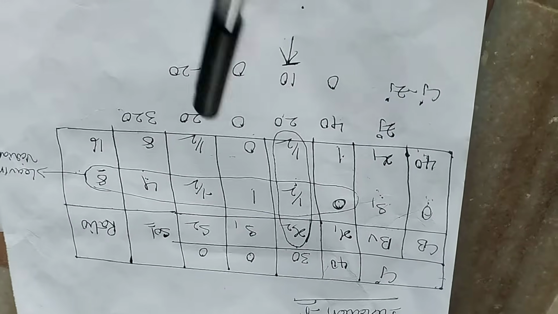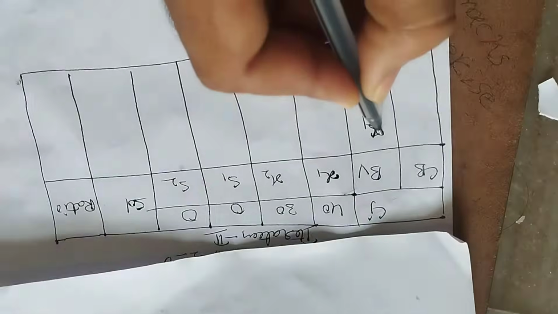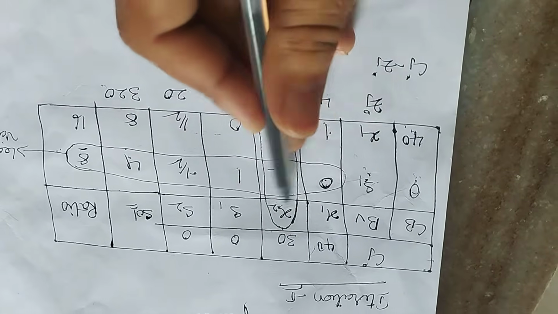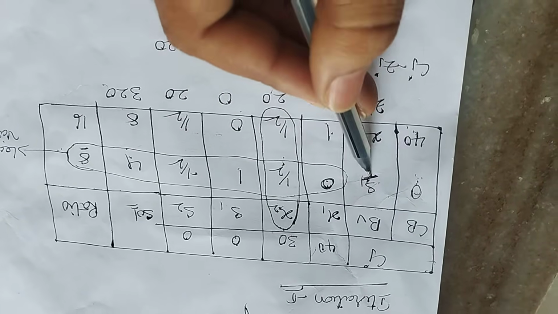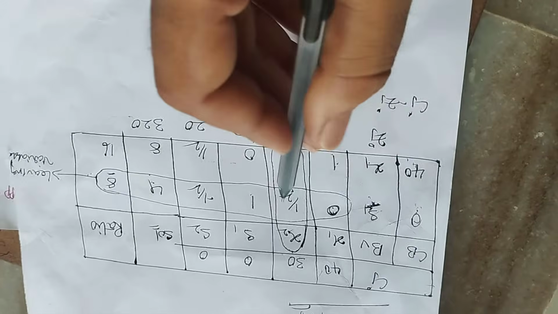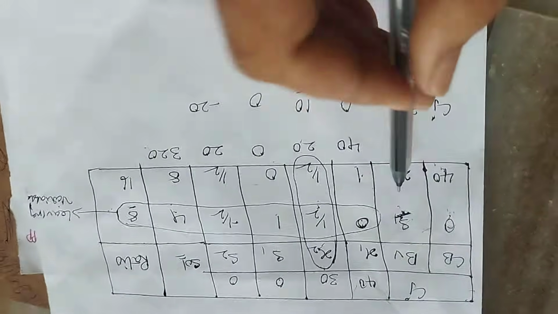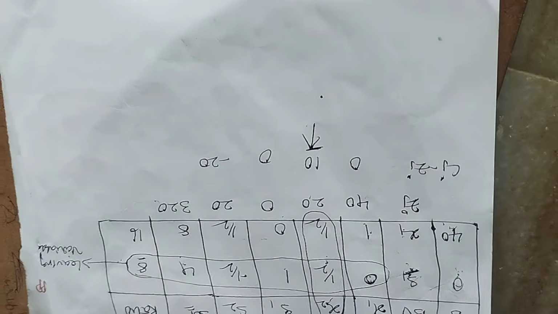Instead of S1, we need to write X2 here. The corresponding cost of X2 is 30. And X1 is common, and its corresponding cost is 40.